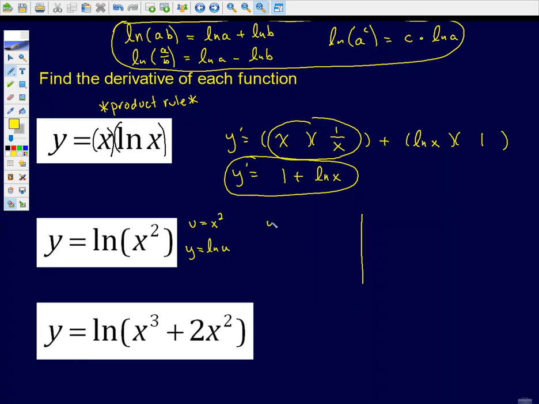And so now my derivative is going to be the chain rule for the logarithm function, u prime over u, which means the derivative of x squared over x squared. But then the thing to simplify here is I can divide out x. So my simplest answer would just be 2 over x.